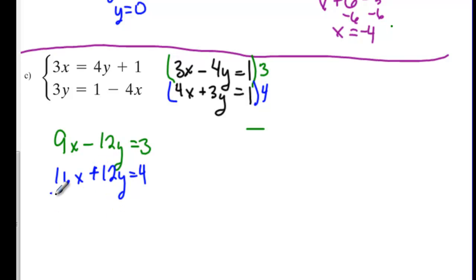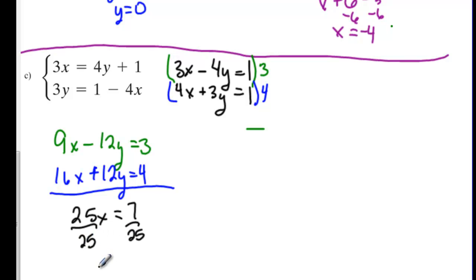And if we add straight down, the 12y's are going to cancel. We have 9x plus 16x, which is going to give us what? 25x equals 7. And then divide both sides by 25. So we have x equals 7 over 25.